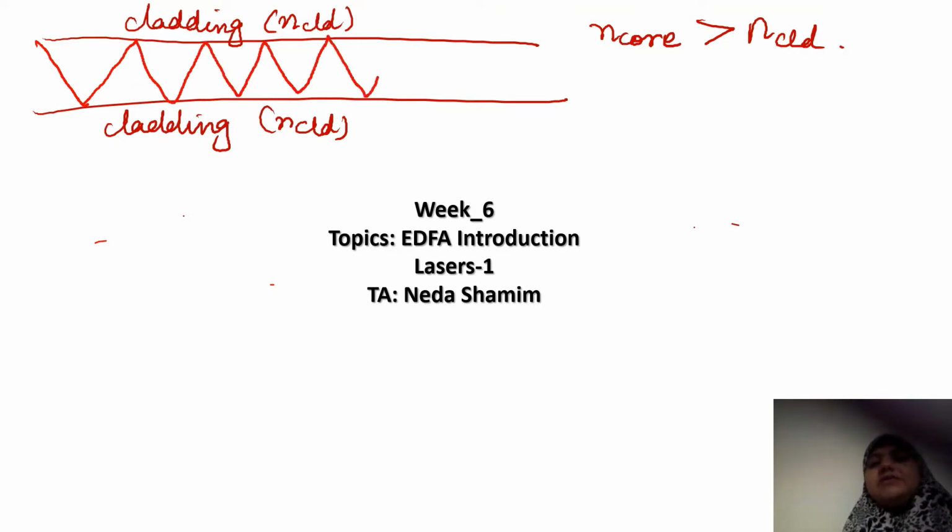That is because n core is greater than n cladding. And I have already given the condition that it has to be incident at a certain angle such that there is total internal reflection. So now this fiber optic is used to transmit signals from one end to another.